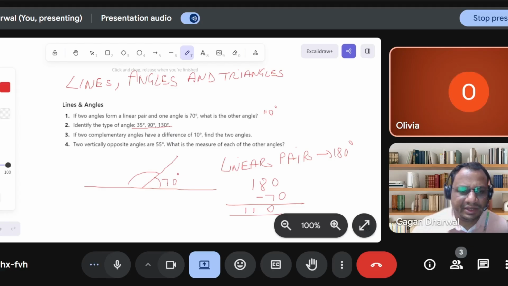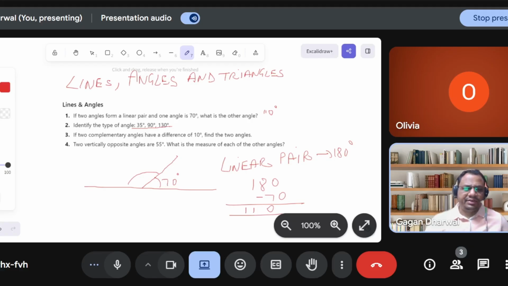Obtuse angles range between 90 and 180, more than 90 degrees. Then we have a straight line angle which equals 180 degrees. More than 180 are known as reflex angles, so 180 to 360 are all reflex angles. 360 degrees is a complete angle, right?